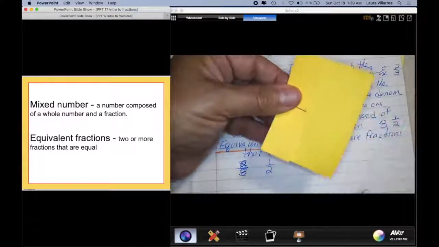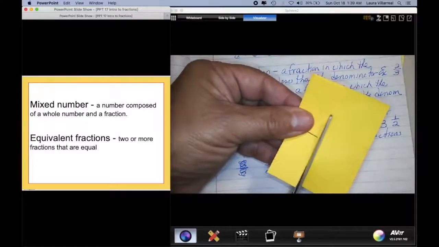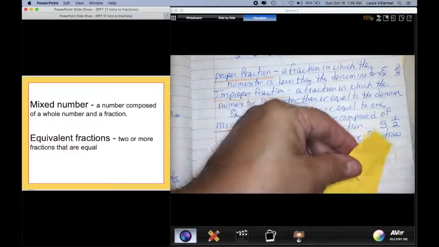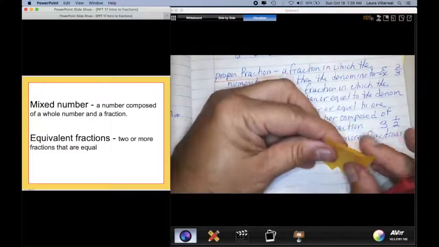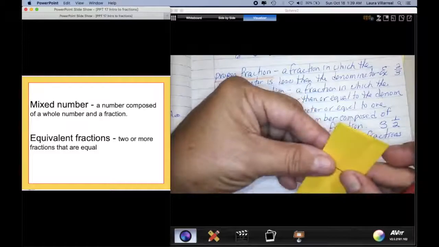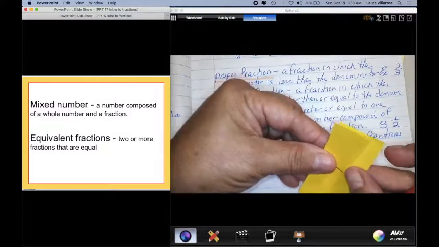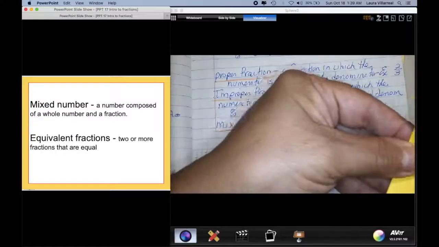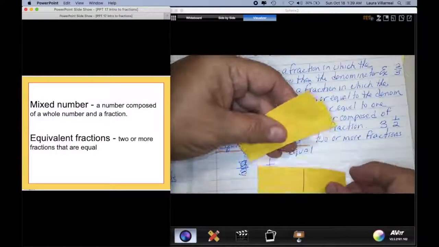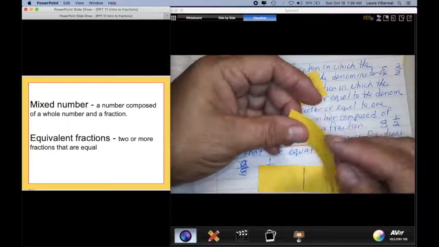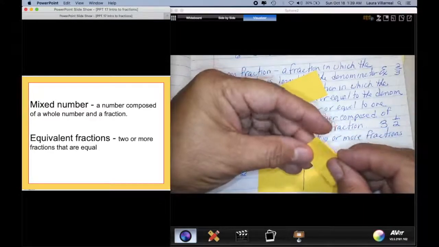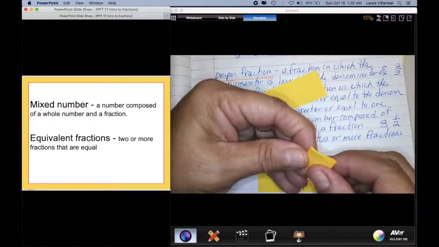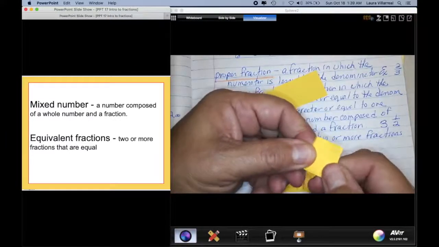So if I'm going to use a fraction strip, I have to make sure that they are all the same length. So I'll just cut 3 out. Now this one, I'm going to fold in halves and fold it again in order to get my fourths.